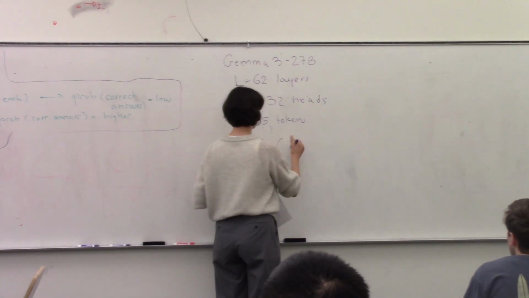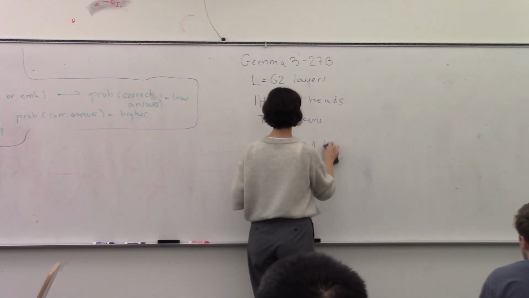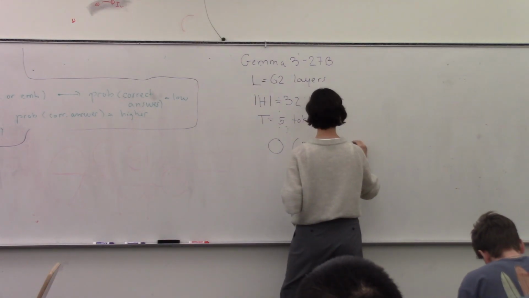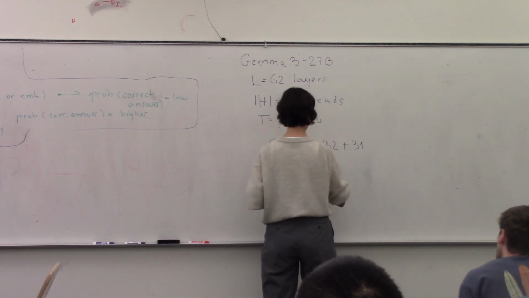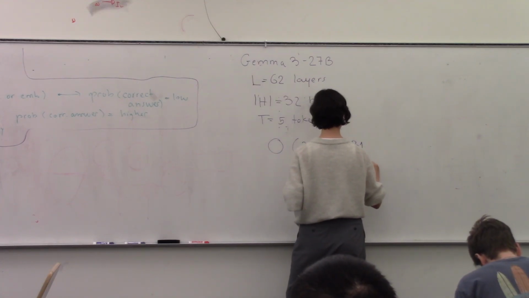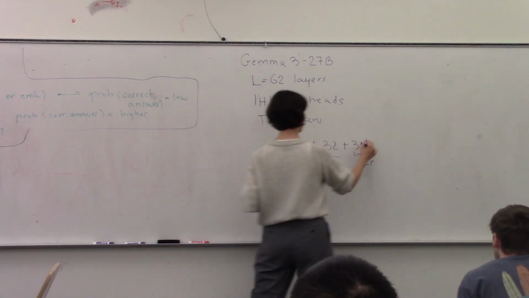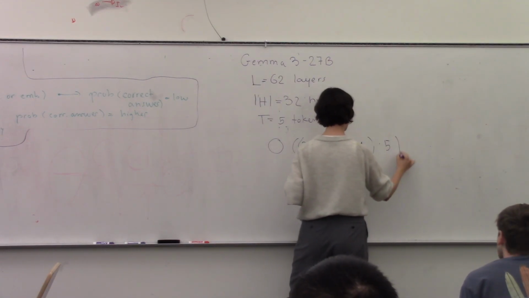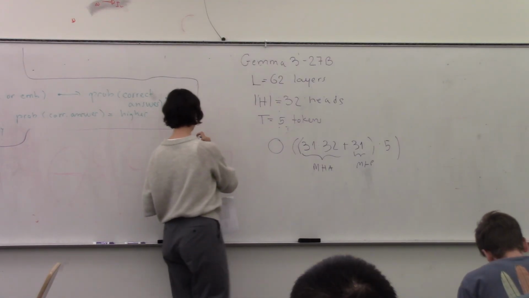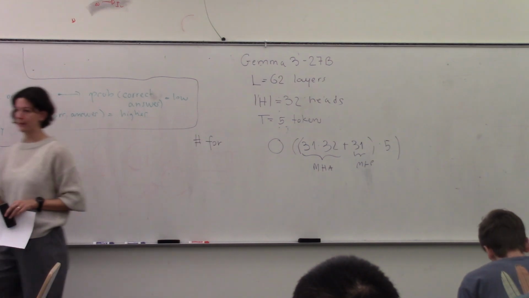So I have 32 times the number of heads, which is 32, plus 31. This is for multi-head attention over all of the layers. This is MLP. Then I have all of this multiplied by the number of tokens, right? This is basically the number of forward passes I need to make to produce a heat map like that.